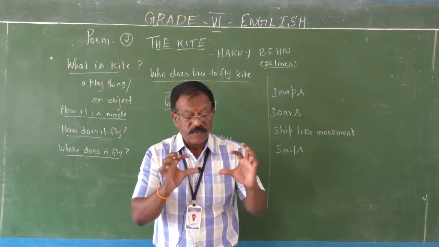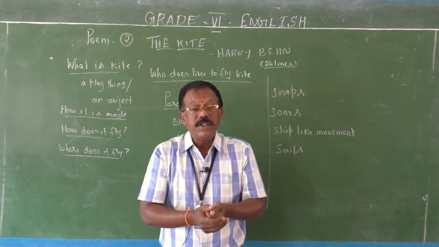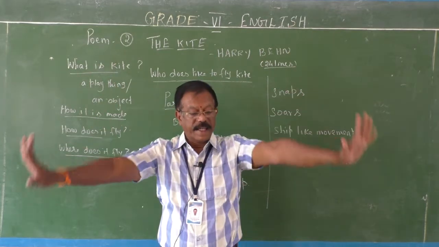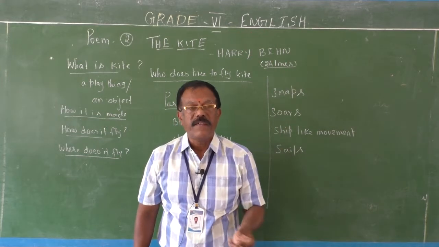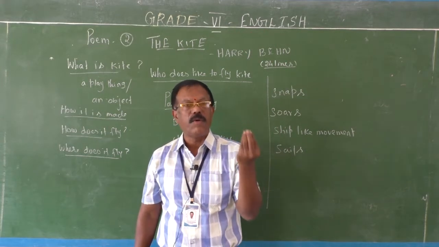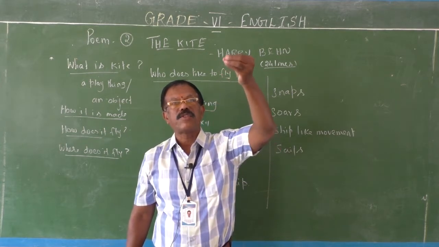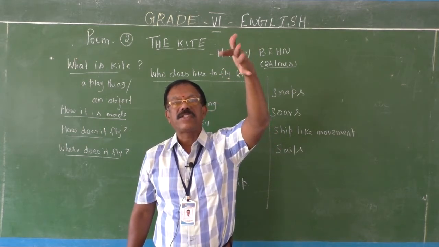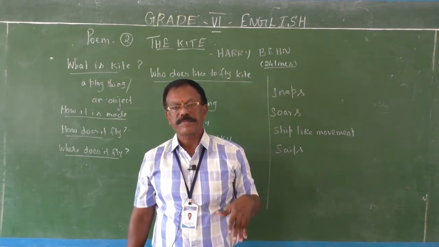So here in the first two lines of the poem, the poet says, when you fly a kite in the sky so high in the open air, when the wind starts to blow, then the kite starts to rise up slowly and it starts to fly in the sky so beautifully.